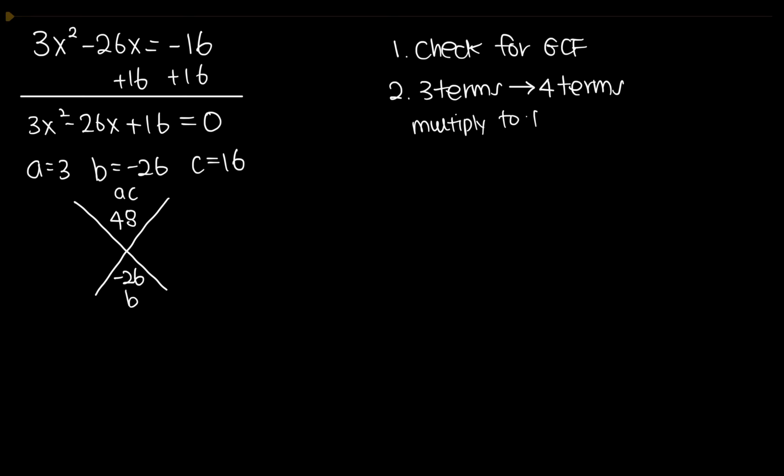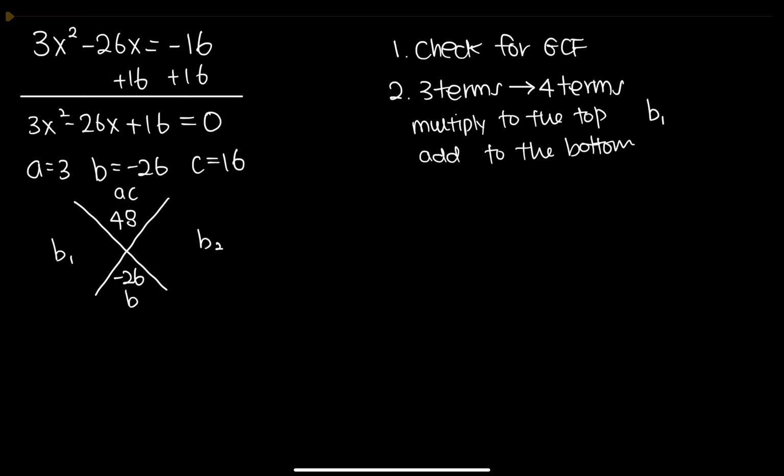We're going to call these B1 and B2 because we're splitting the middle one. So, in other words, B1 times B2 has to equal AC, which is on top. B1 plus B2 has to give you B.